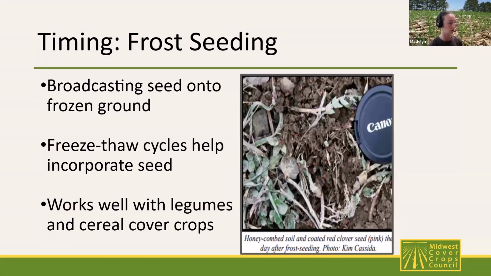So taking advantage of the freeze-thaw cycle to help incorporate the seed without any mechanical incorporation is really nice. Also, it's at a point in the season, around March here in Michigan, when you can drive over frozen soils without impacting soil structure or causing compaction.